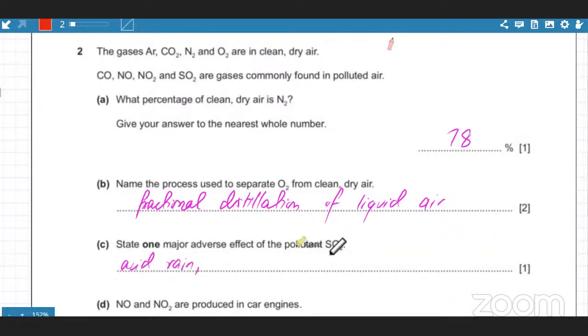Acid rain has other adverse effects, like buildings corrode. So your limestone buildings are going to corrode. The other things that might happen with acid rain are that water bodies become acidic, and soil becomes acidic.